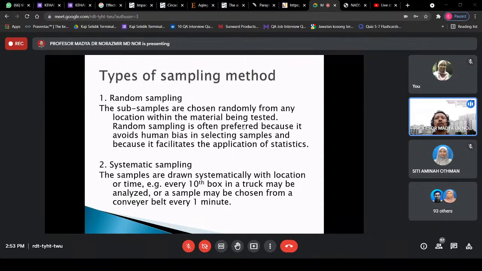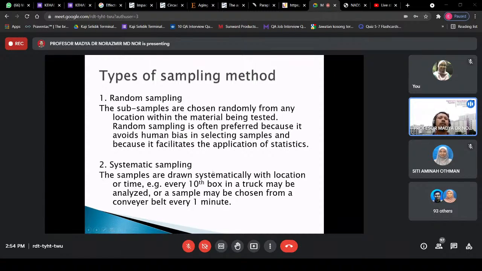At any time, the auditor or the food technologist can pick up or choose the sample from any production process or compartmentalized container.